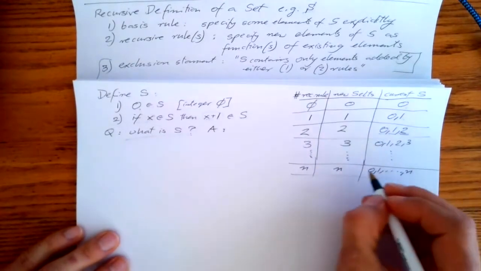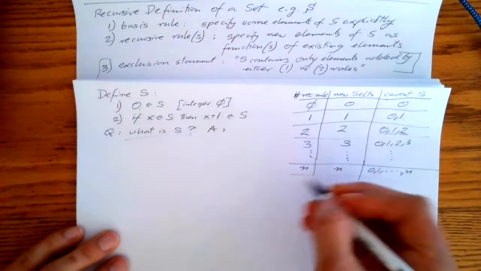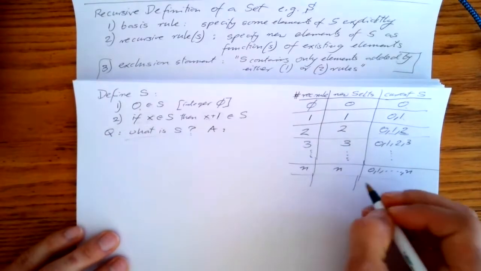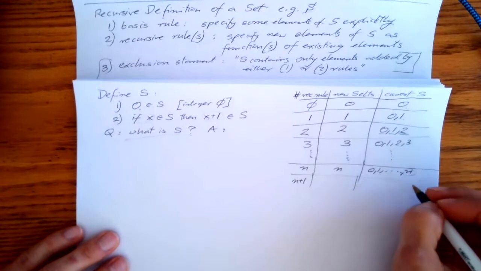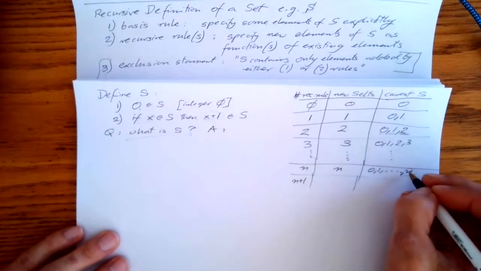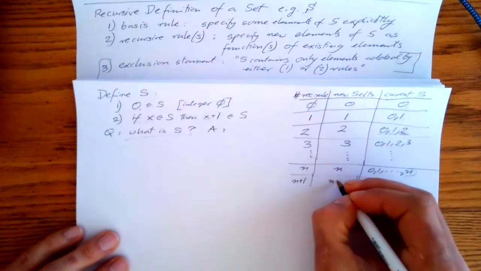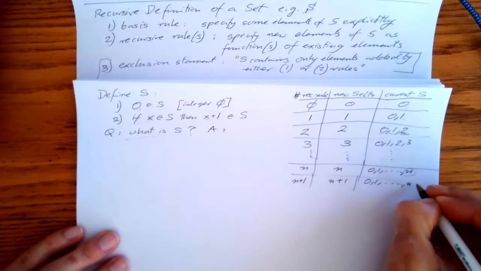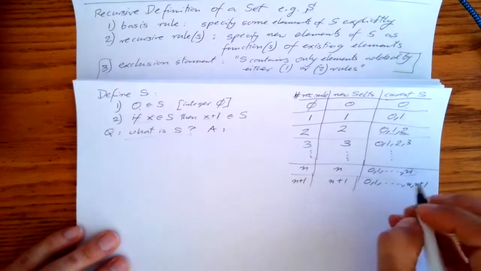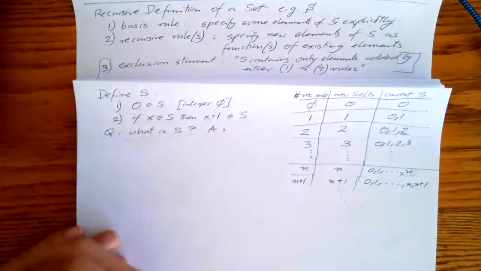And if this is the set after N applications of the recursive rule, then what is happening when you do it one more time? Well, the interesting thing will be if X is N, because then you will add N plus 1, and therefore the set will be this.